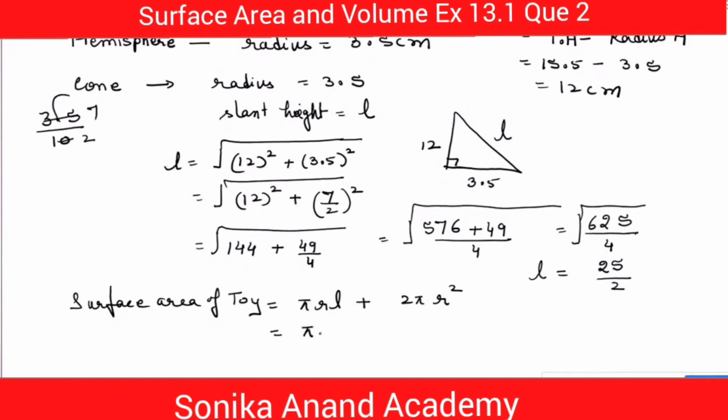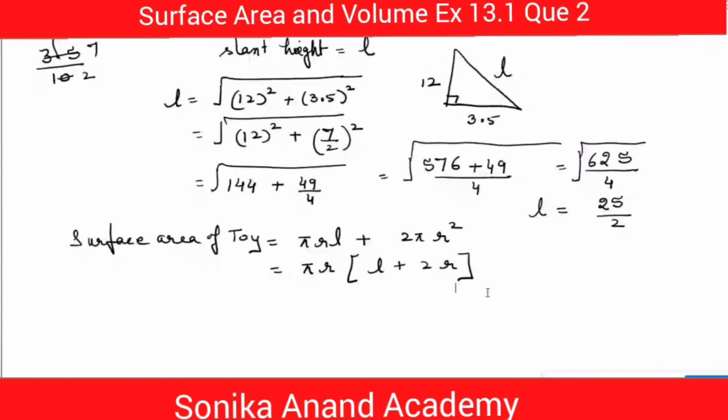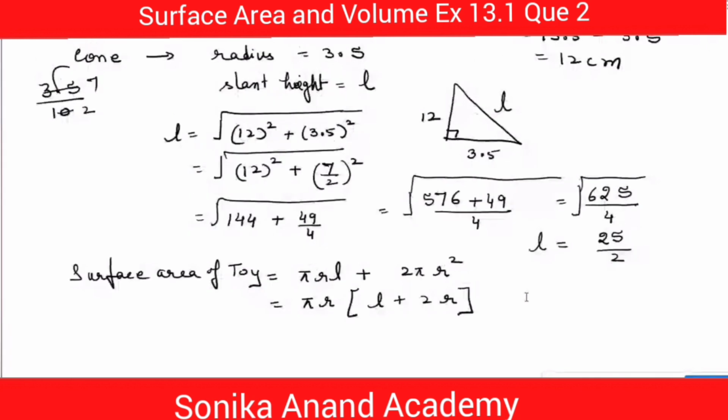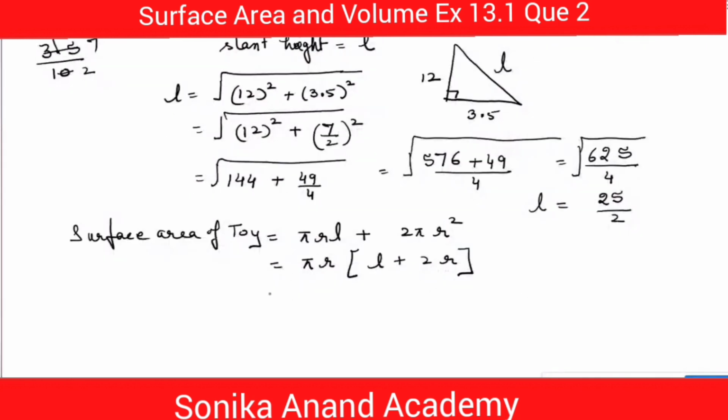We take the common pi r. It becomes pi r times l plus 2r, which makes our calculations easier. So for pi we take 22 by 7, and for the radius we can also write 3.5 as 7 by 2 everywhere. It makes our calculation easier.